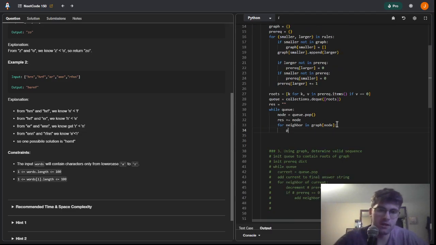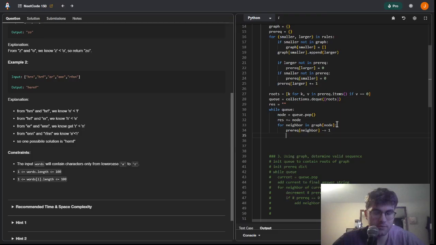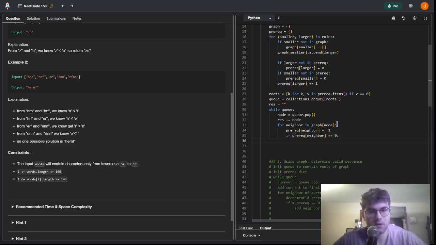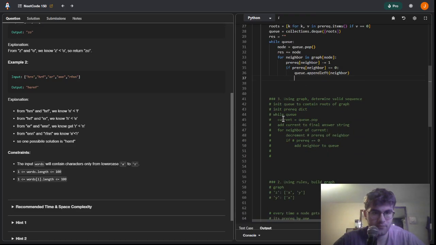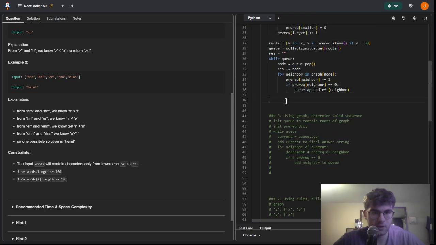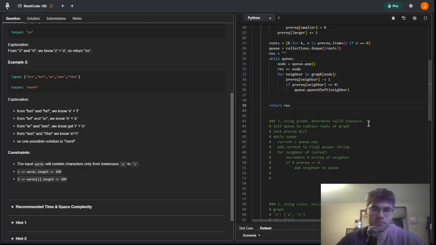We want to say prereq of neighbor minus equals 1. And then if prereq of neighbor then equals 0, then q dot appendleft neighbor. Yeah, and then we would return the result string.